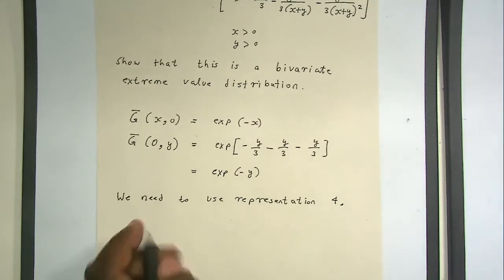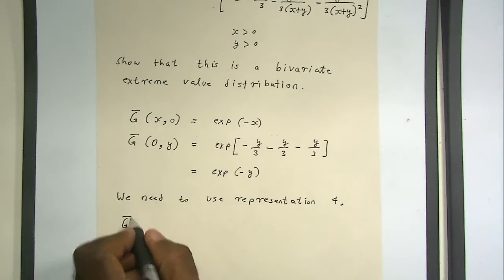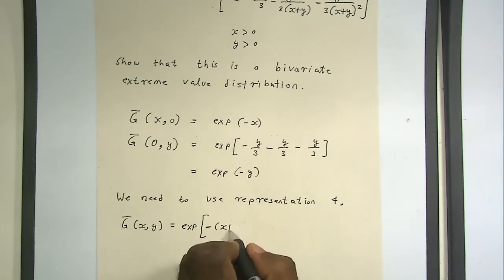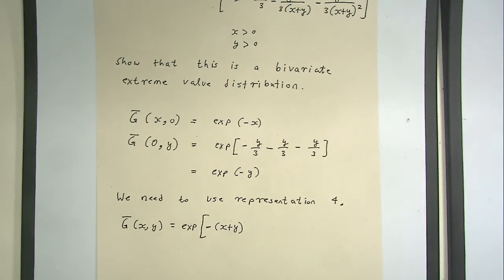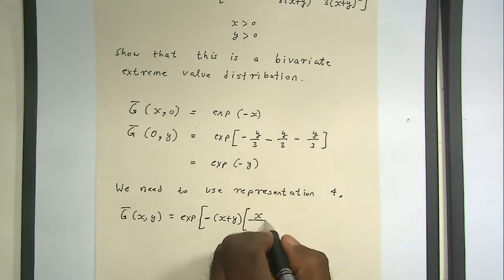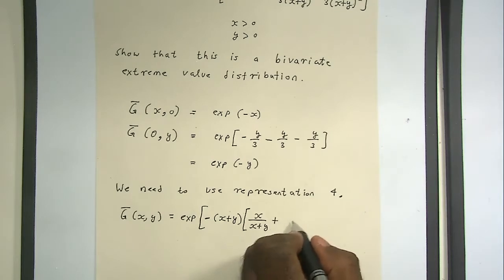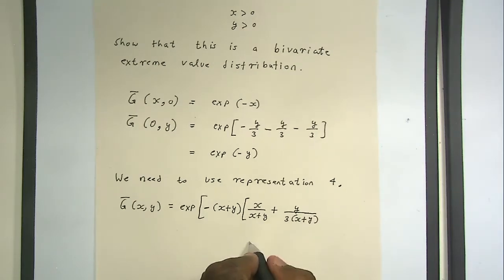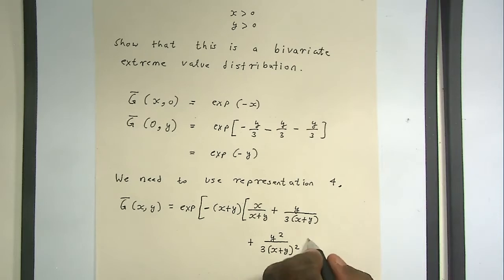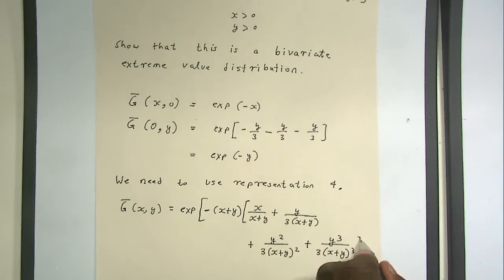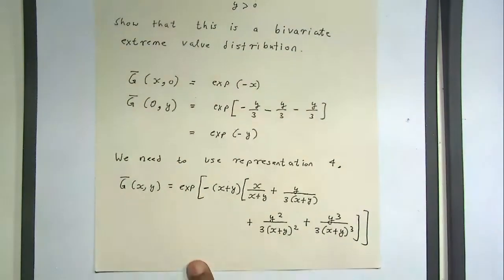So the first thing you must do is to find out what the function capital A is. I'm going to write g bar x comma y as follows. I'm going to pull out x plus y. So if you pull out x plus y, you get the following inside. Okay, this is what you get.